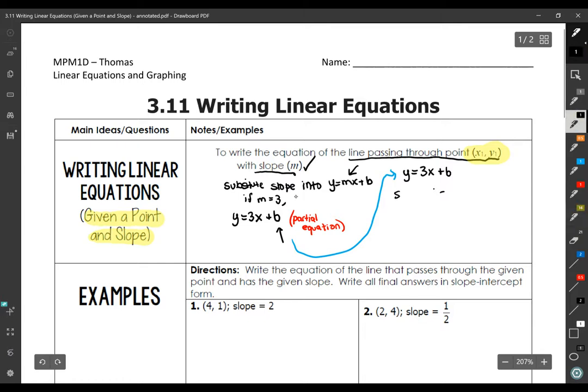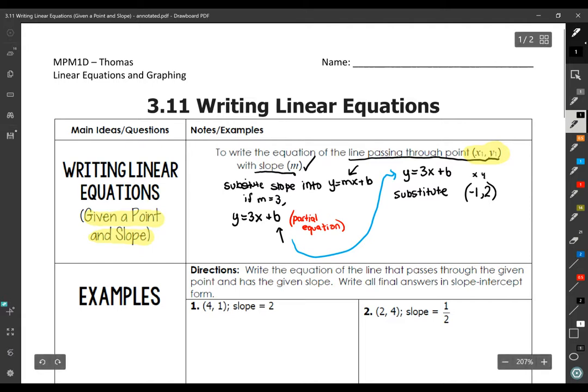Okay, so let's say, I'm going to make up a point. So let's say substitute the point, let's say this line passes through the point -1, 2, for example. Okay, what I'm going to do is I'm going to substitute in these values into my equation and solve for b.